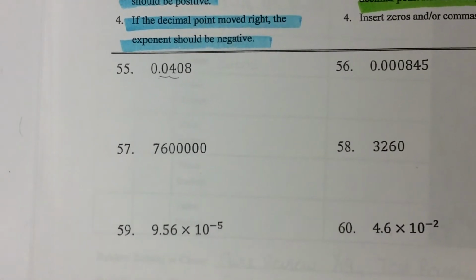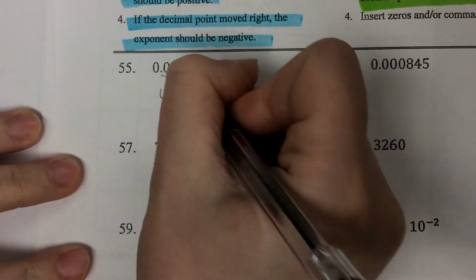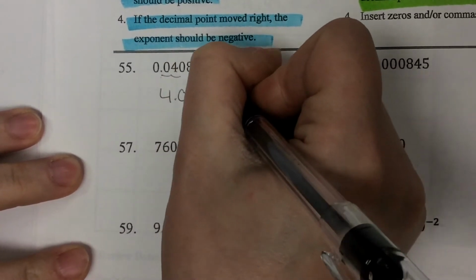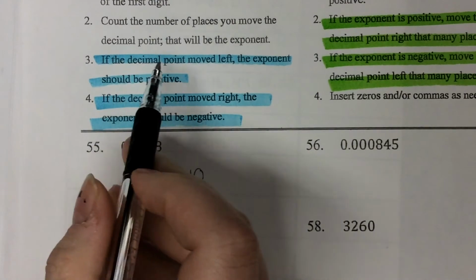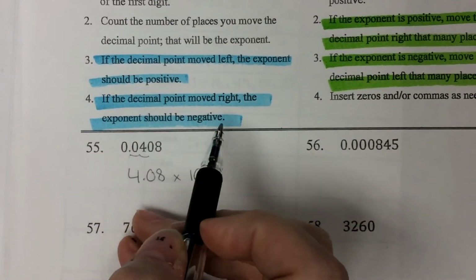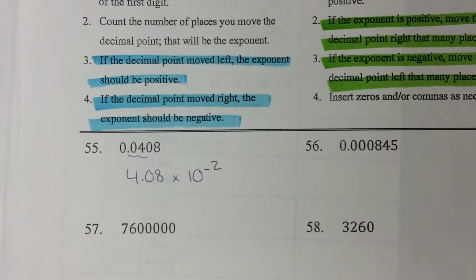Okay? Remember that number 2. So I'm going to rewrite this 4.08 times 10 to some exponent. It's got to be 2 because that's how many places I moved it, but is it positive or negative? I moved to the right, so the exponent should be negative. So just like that. That's it.